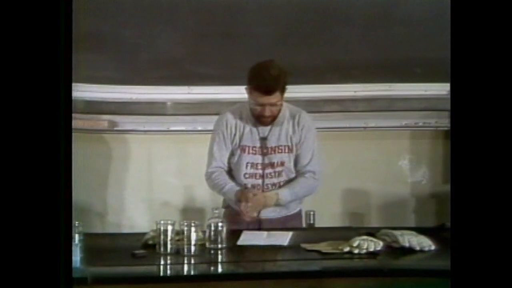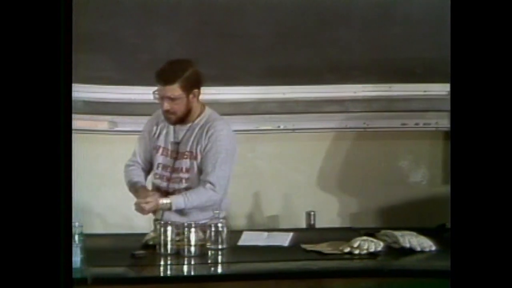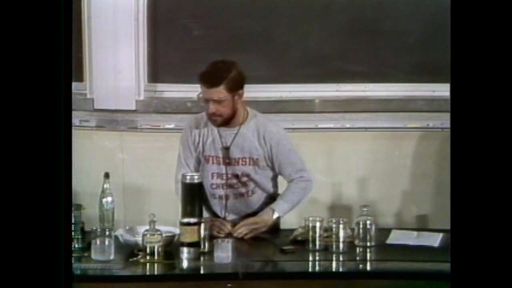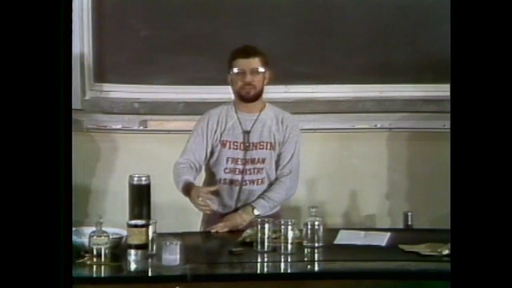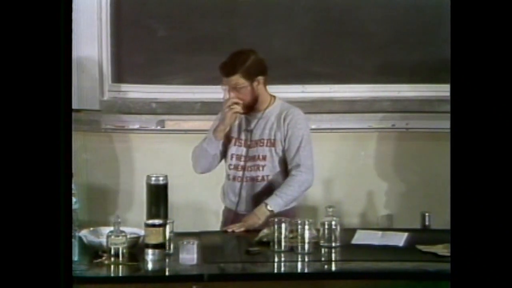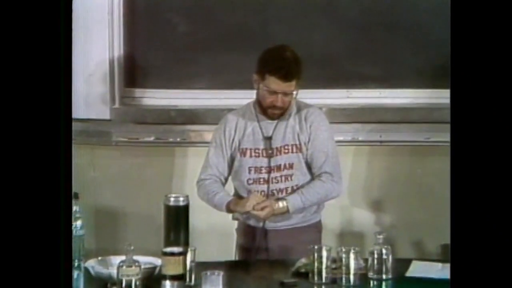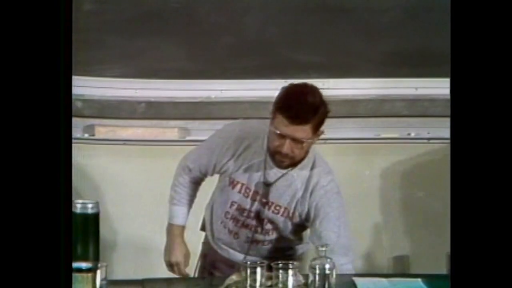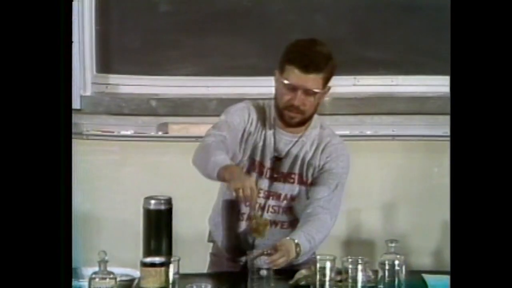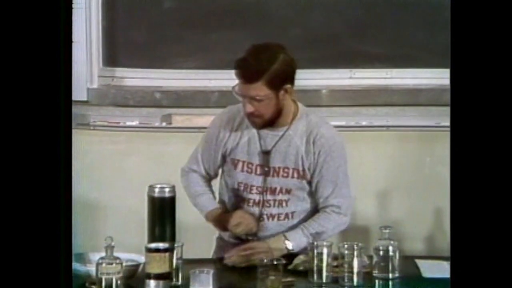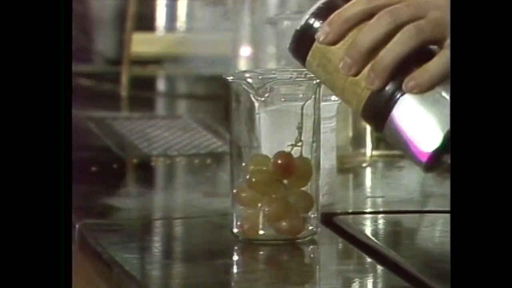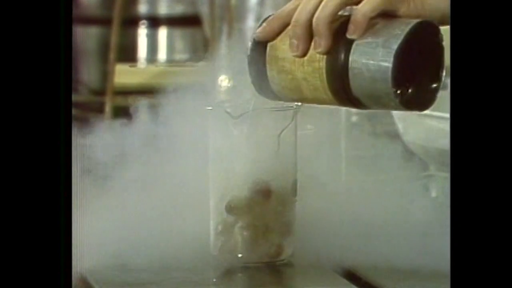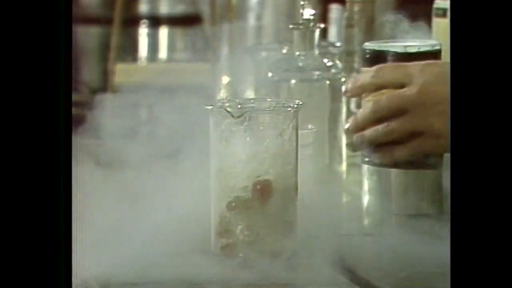Well, what I'd like to do now is continue with showing you the effect of the cold temperature, the liquid nitrogen, on the different forms of life. And what I have here is, as you can see, some grapes. And what we'll do is give them the usual treatment.